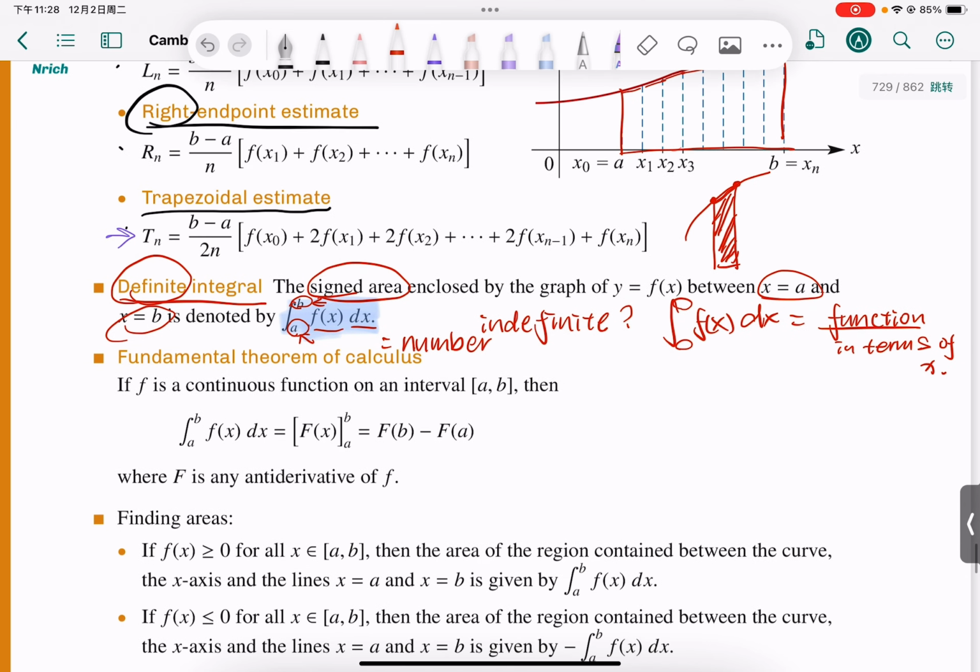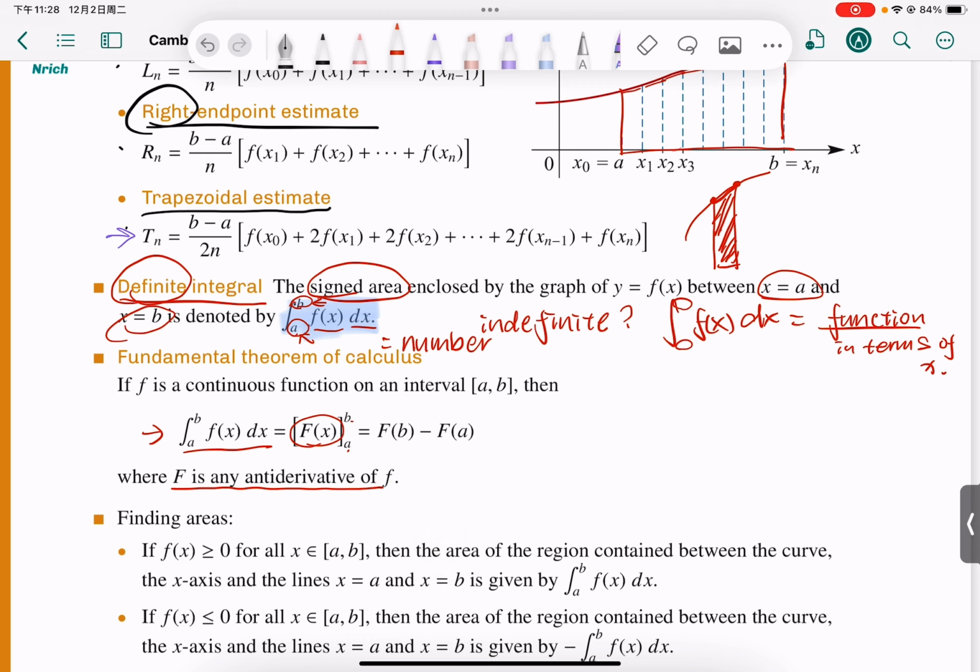Okay, let's focus more on definite integral. So here's the equation over here. The definite integral of f(x) is equal to F(x) from a to b. What does F(x) mean? F is any antiderivative of f.